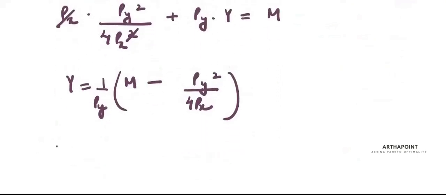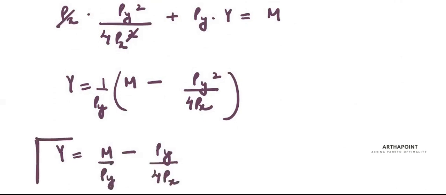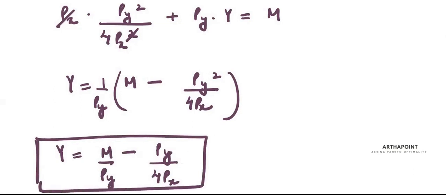So you will get y equal to m minus py by 4px by 2. This will be your value of y. Y is not a necessity good. Y depends on the level of income.